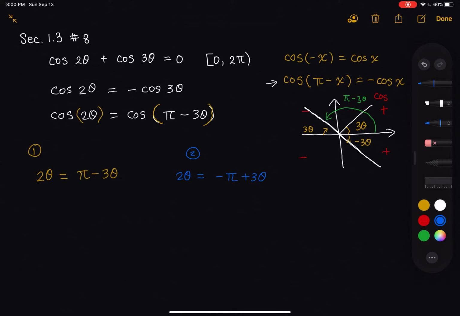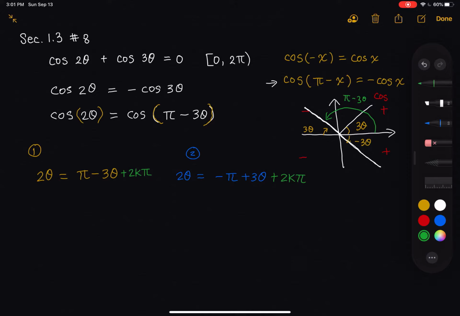Those are our knowledge of the cosine function. Now, when you're solving a trigonometric equation over an interval, or you solve it in general, you usually have to add 2k pi at the end. The reason for that is that the cosine function is periodic with period 2 pi.